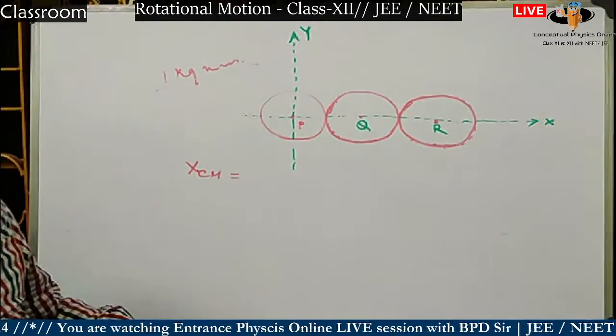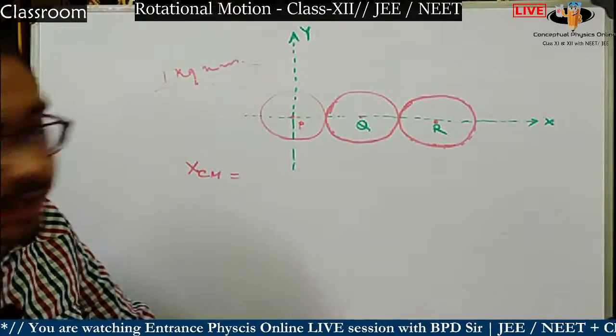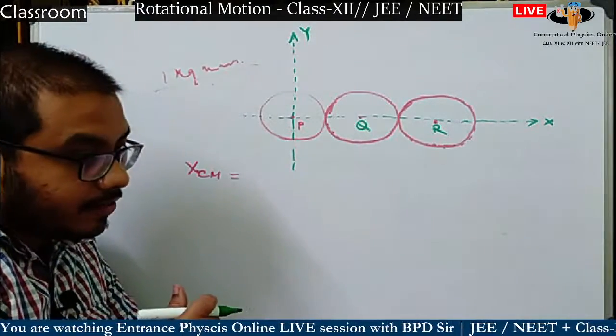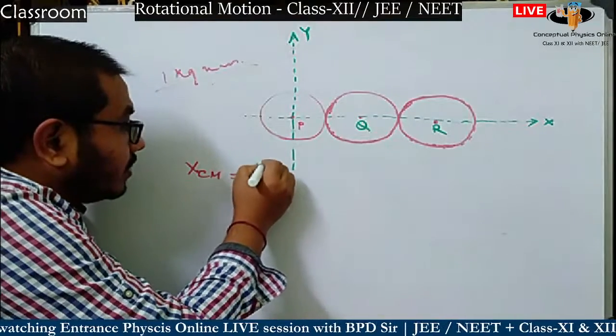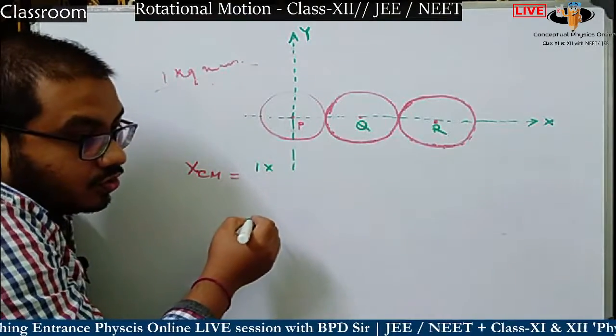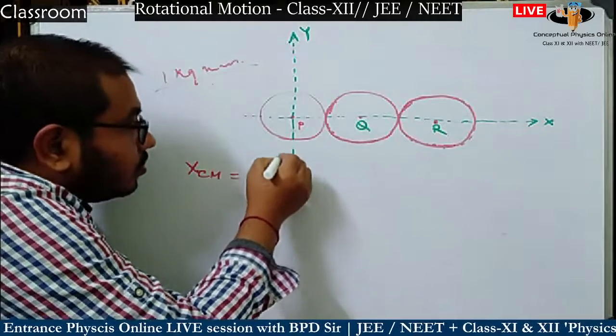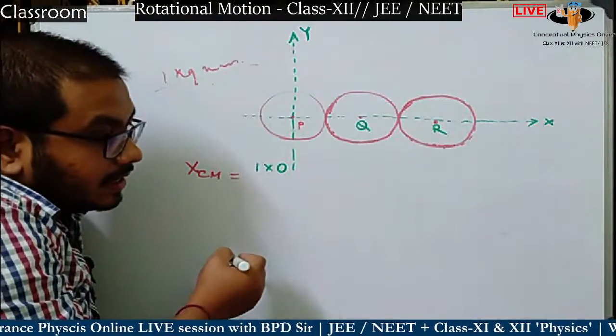So now we have to do 1 into 0 with respect to P, which I am taking.